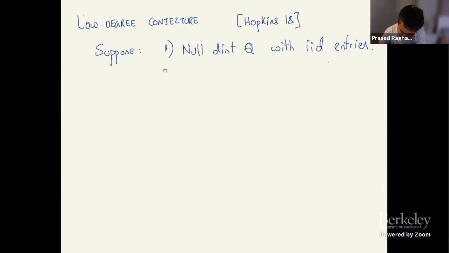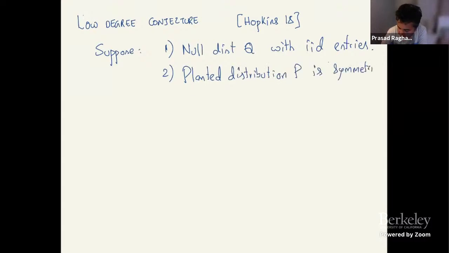Your planted distribution is symmetric. By symmetric, if it's a distribution over graphs, then it should be symmetric over permutations of vertices. If it's a distribution over 3-uniform hypergraphs, then it's again symmetric over the permutation of vertices, and so on. That's the symmetry you need.